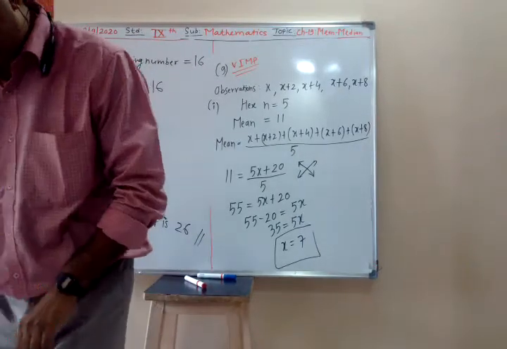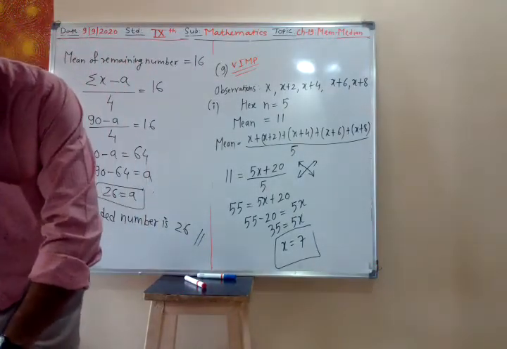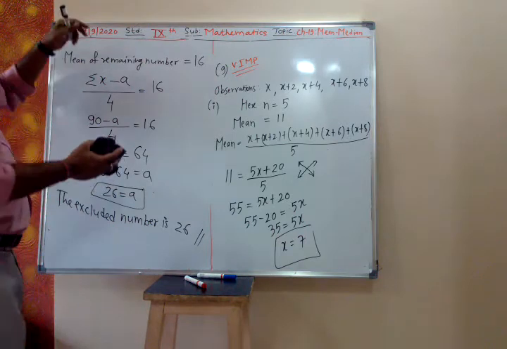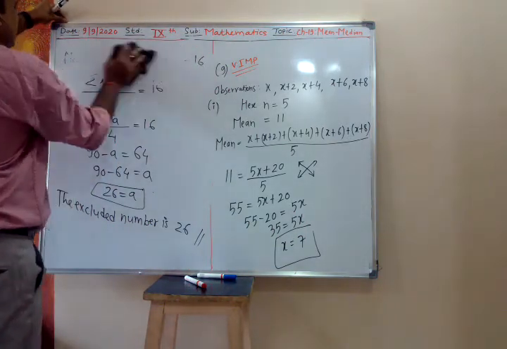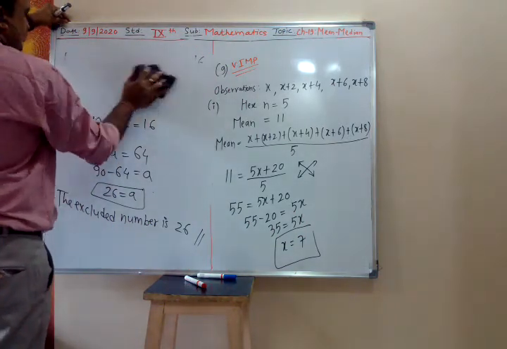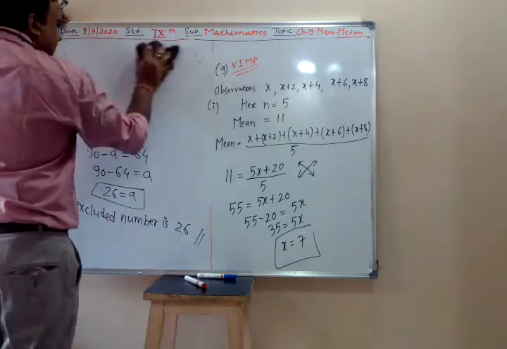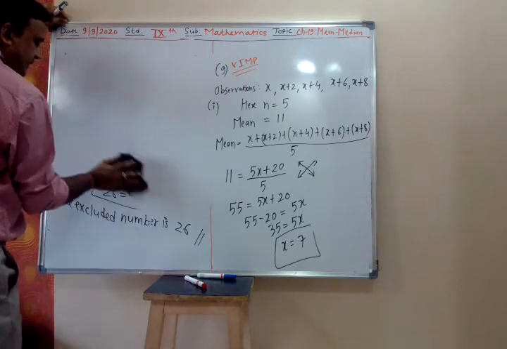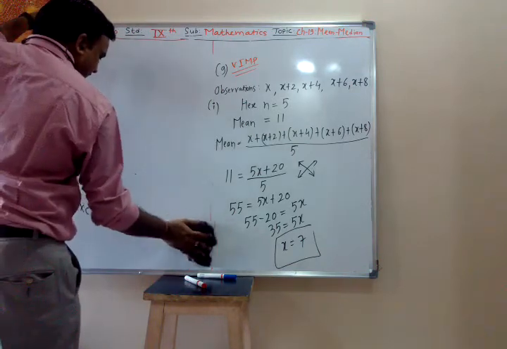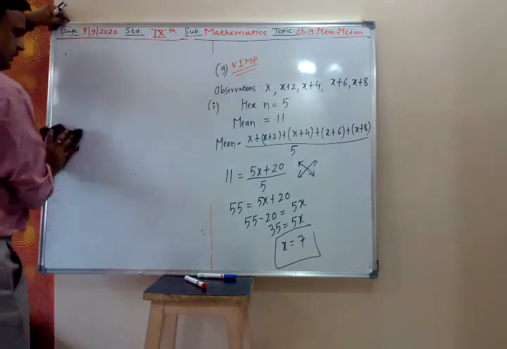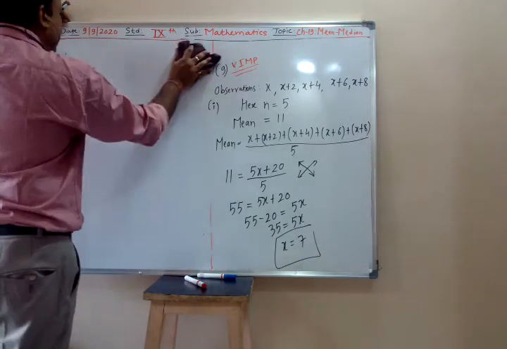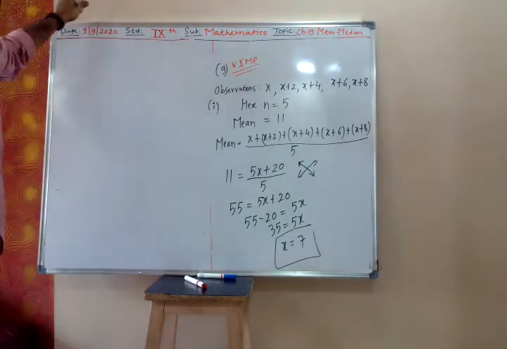Now second, it is asked to find the mean of the first 3 observations. After finding the value of x, we consider the first 3 observations and find their mean. We divide by 3, because we are considering only 3 observations.